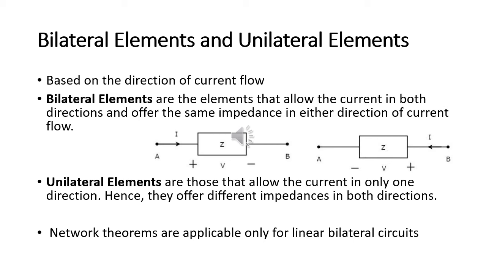For example, with a resistor, the current will be the same even if you flip the resistor in your circuit. The resistance offered does not change even when you change the direction of the device. So a resistor is an example of a bilateral element.